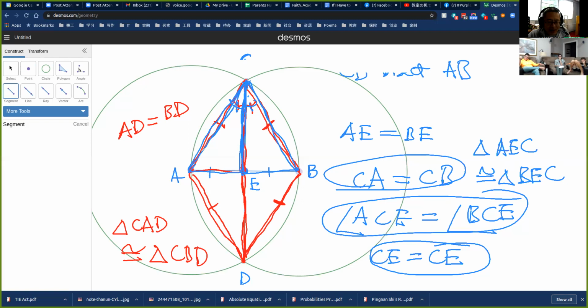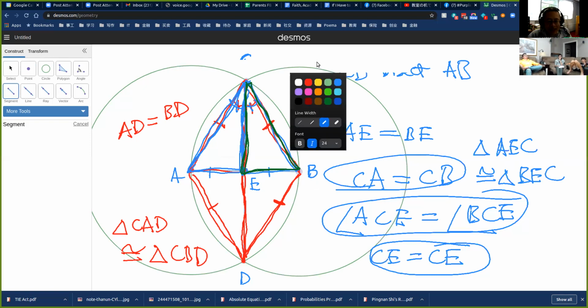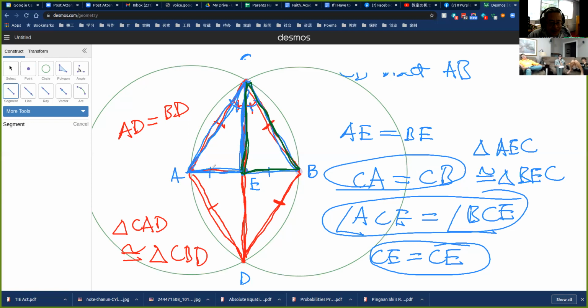So this triangle and this triangle are congruent. Because they are congruent, therefore AE will equal BE. That means we actually bisect the line AB. Good?